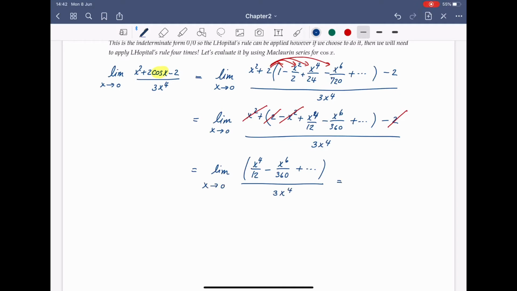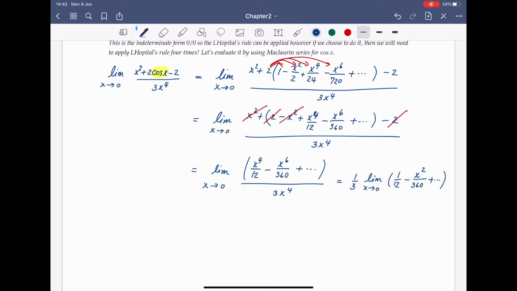And then if we simplify again, I just pull out 1/3 first, so 1/3 times the limit of, and then I just group x to the 4th power together, so I will have the limit of 1 over 12 minus x squared over 360 and so on, where x goes to 0.